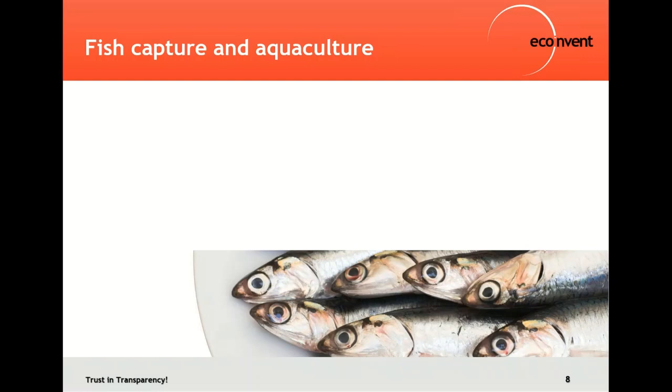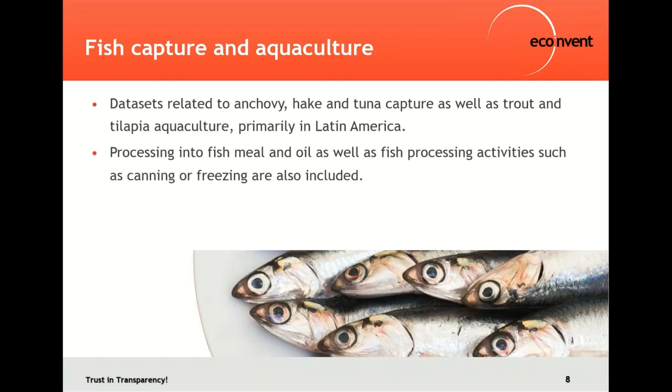And of course, associated to the capturing and aquaculturing activities, there are other activities related to processing into fish meal and oil, as well as other processing activities such as canning or freezing. Those activities have also been included now in the database.